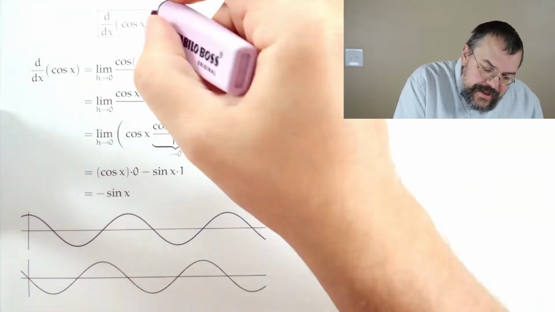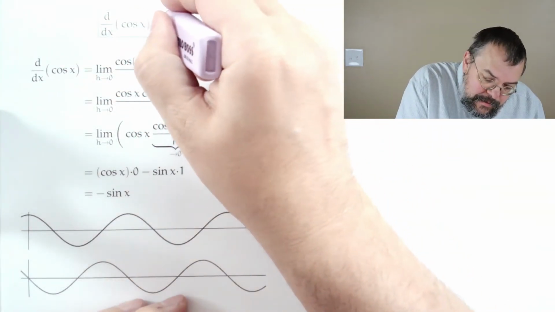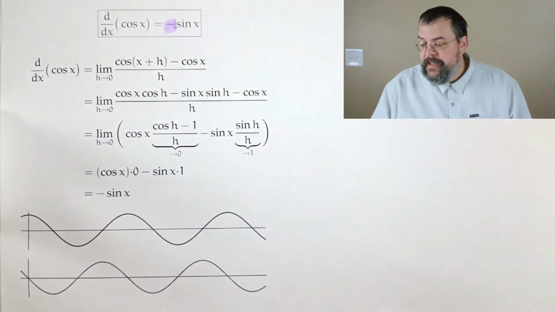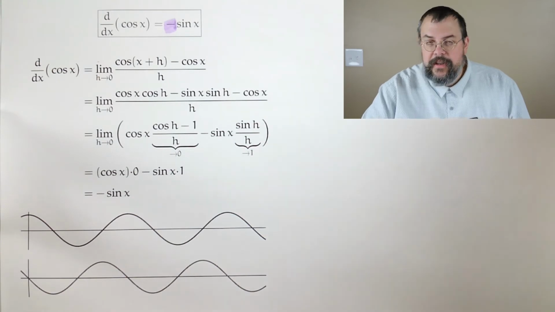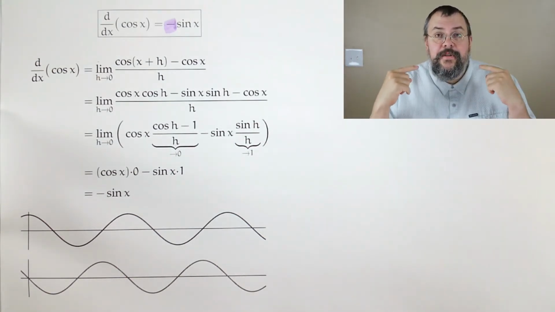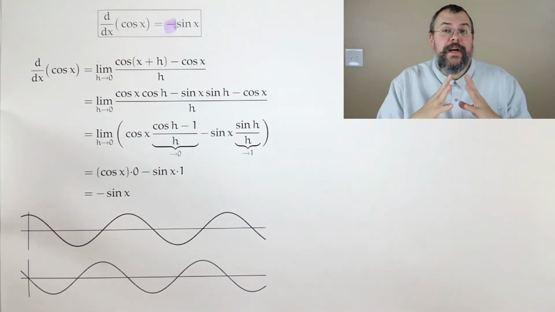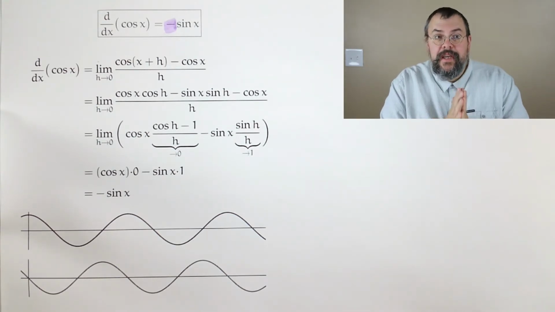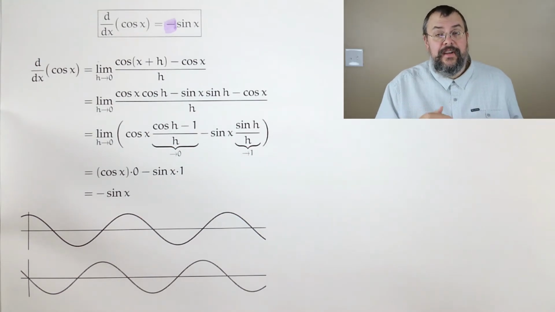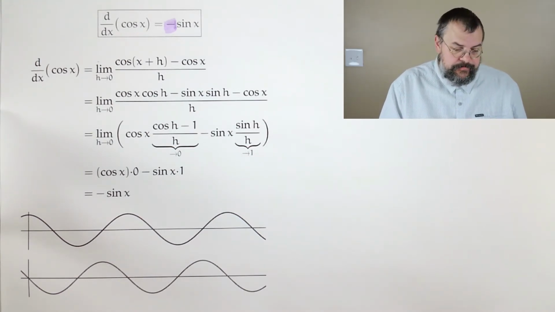Man, this negative right here, so many people get tripped up by it. Not necessarily that it's shocking, but it's easy to lose track of it. So this is the one where you've got to pay attention. Be careful. The derivative of cosine introduces a negative into the expression.